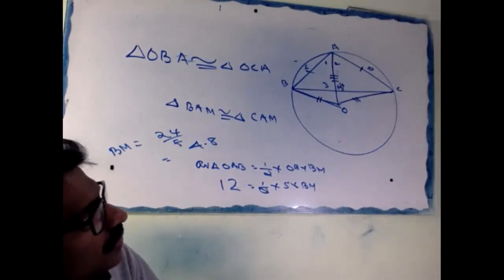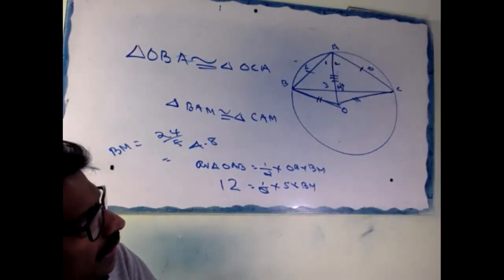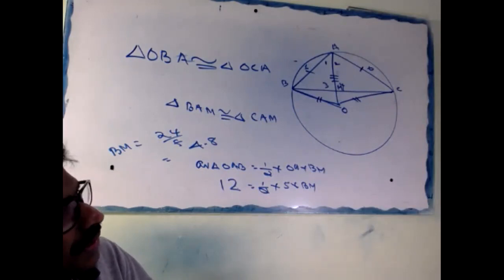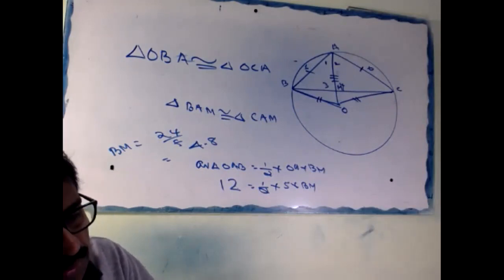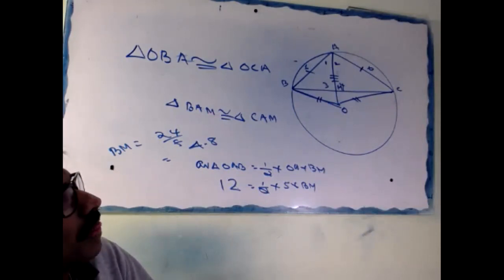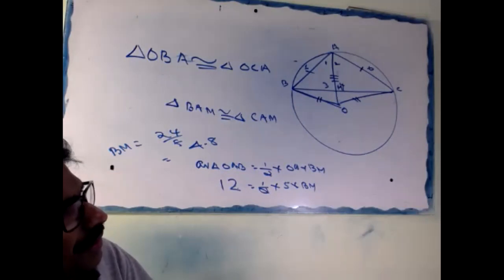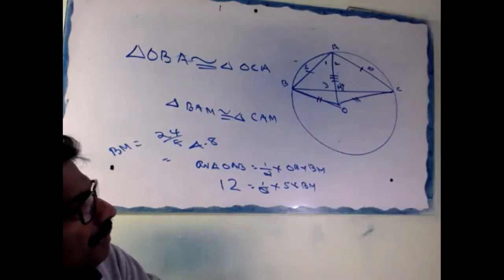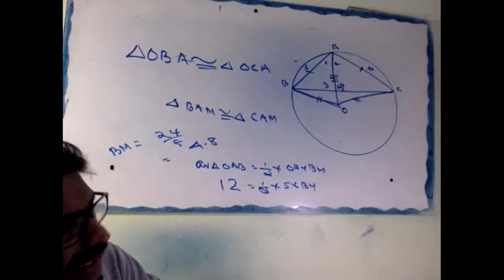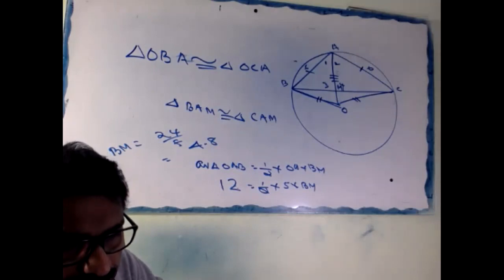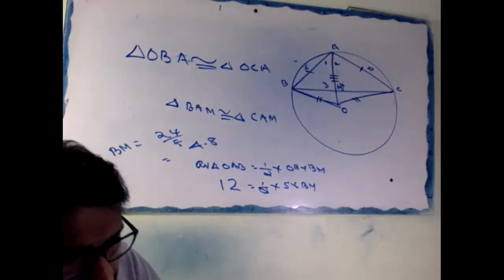Second stage, you take the triangles ABM and ACM. AB equal to AC, given. Angle 1 equal to angle 2, proved. AM equal to AM, common. Therefore, triangle ABM congruent to triangle ACM, SAS congruency.